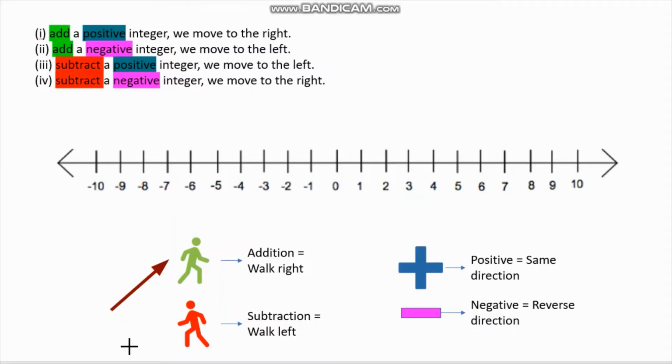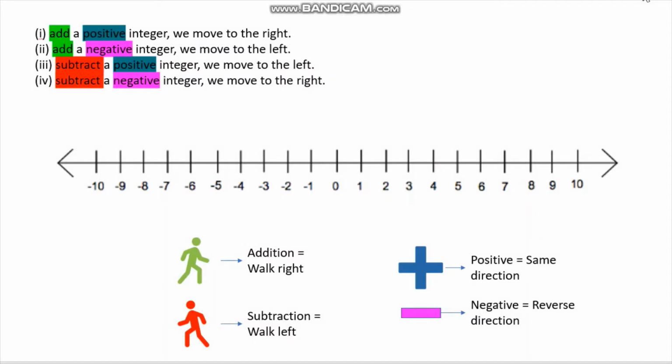And let us imagine subtraction to be walking left on the number line. For example, if you are starting at 4 and you want to add 1, you have to go to the right to get to 5, right? And if you want to subtract 1, you have to go to the left to get to 3, right? So let us imagine addition to be walking right and subtraction to be walking to the left.